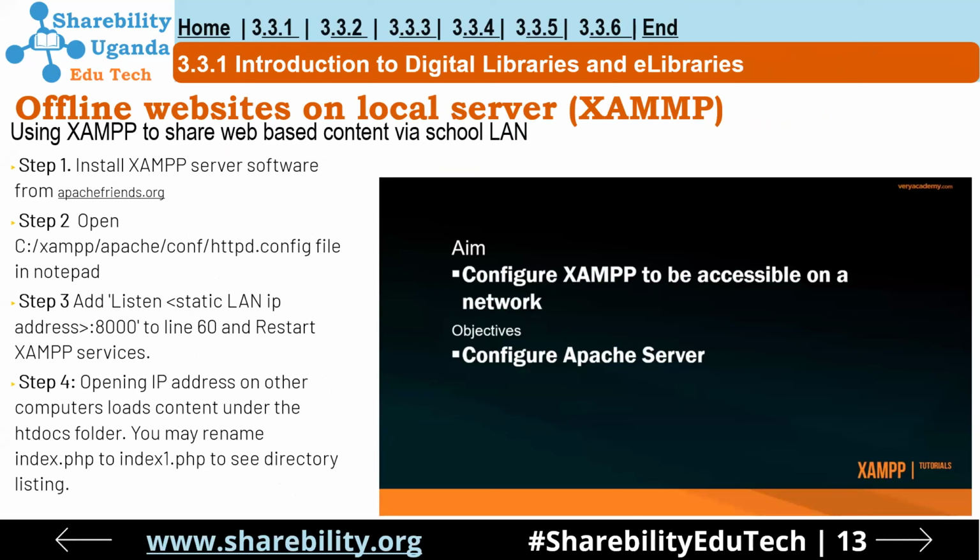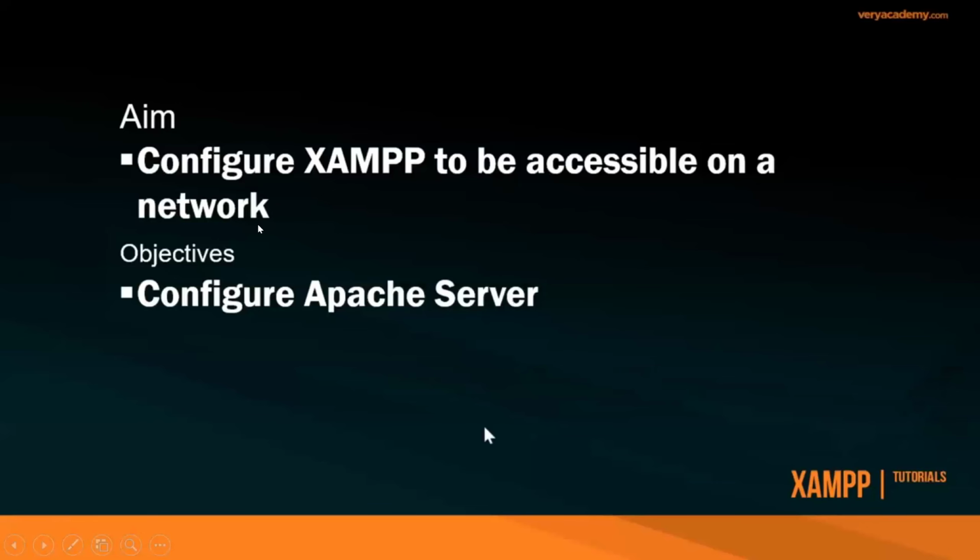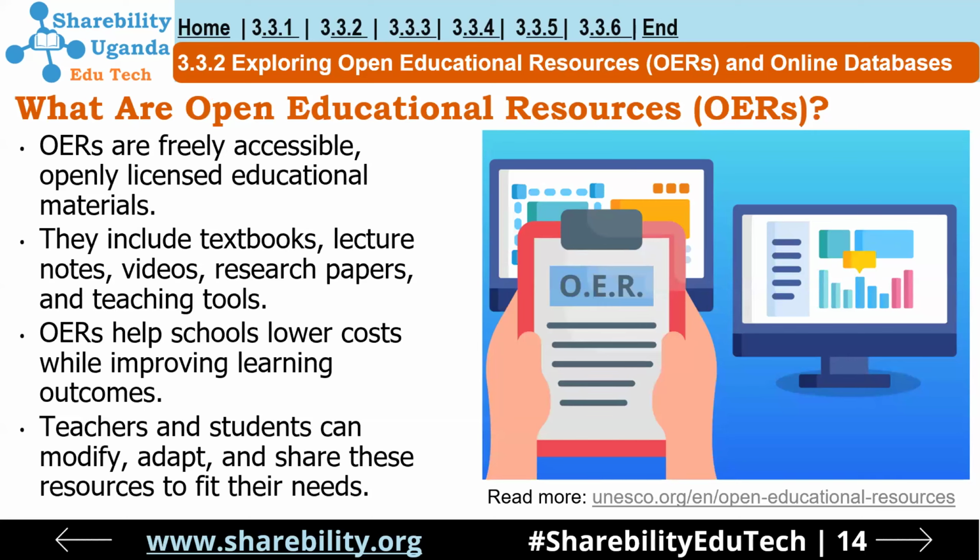As you can see the steps here, if you follow them, you'll be able to install the XAMPP server software on your computers. And then you can access web-based content via a school local area network. So we are going to demonstrate how we can install a XAMPP application on a computer.